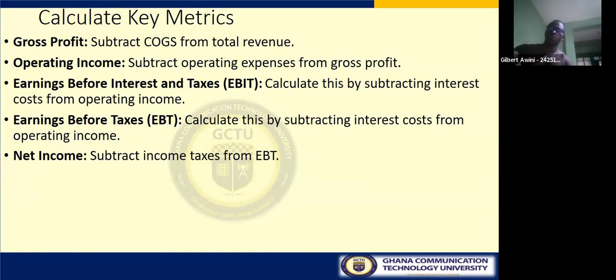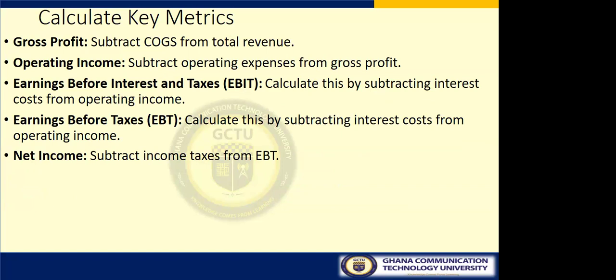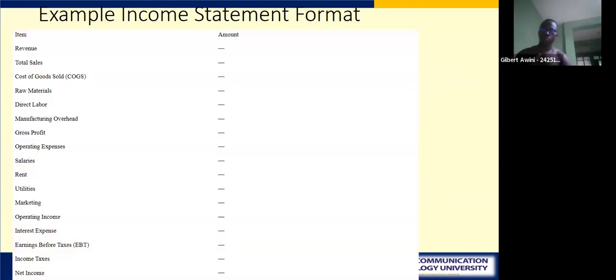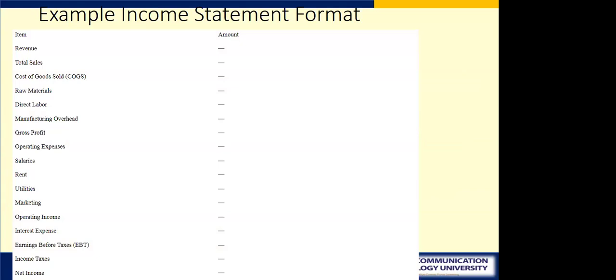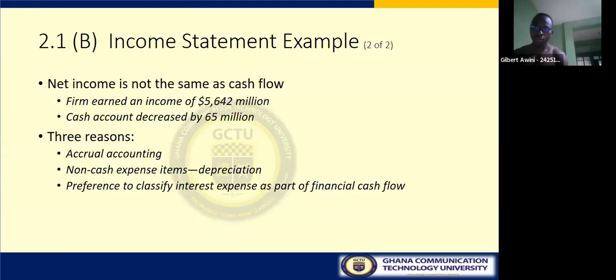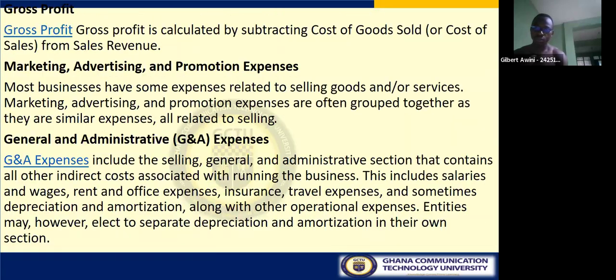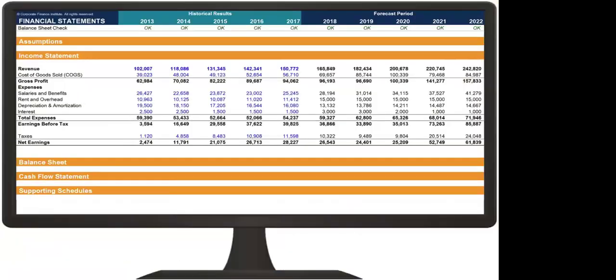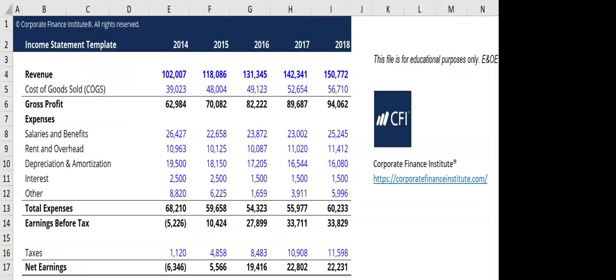Then the gross profit, the operating income, the earnings before interest and taxes, the earnings before taxes, then your net income. And we looked at the format of the income statement. These are some examples of the income statement.